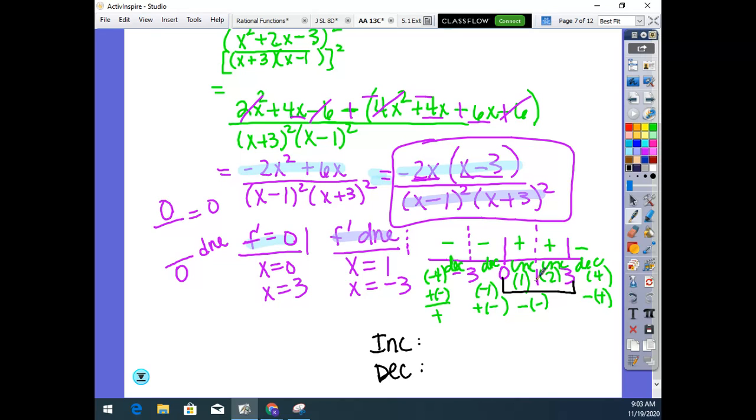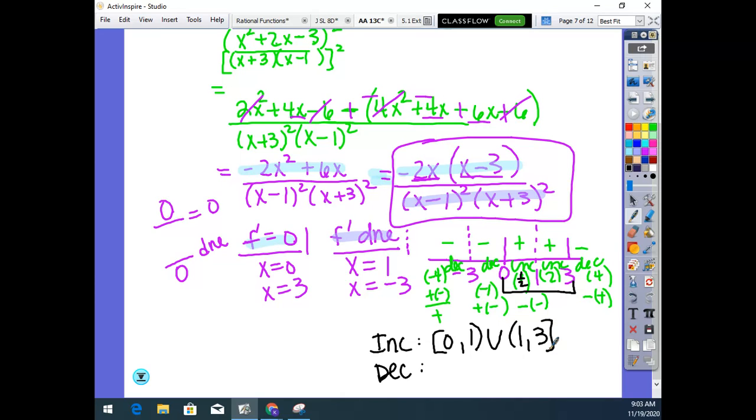Oh, I couldn't use 1 here. I had to use a half or something. Okay. So we're going to go including 0 because it's a solid line, not including 1 because it's a dotted line, union with 1 to 3, including 3.